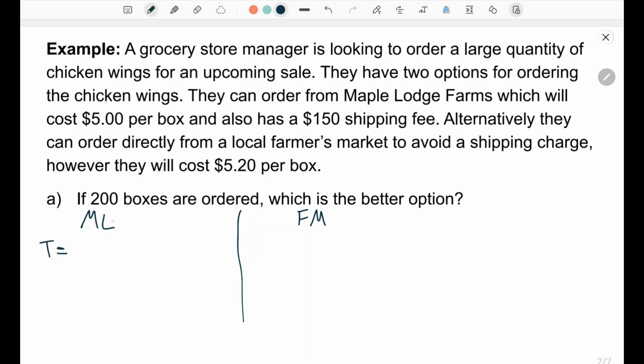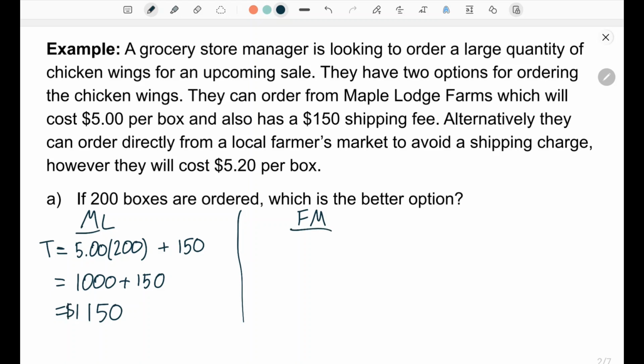For Maple Lodge, it's $5 times 200 boxes, plus $150. Sorry, not $1.50, $150. If you calculate the first part, 5 times 200 is 1,000, plus 150, and you end up getting a price of $1,150.